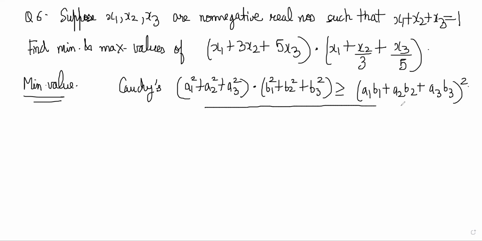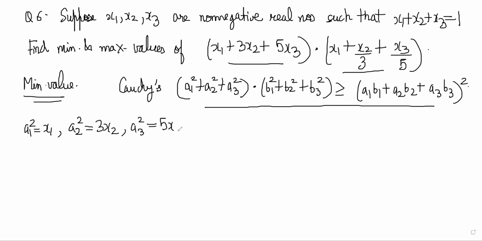This is Cauchy's inequality for three variables. Now what we will do is we will directly apply Cauchy's on this. How do we apply that? We will say a1 square is x1, a2 square is 3x2, a3 square is 5x3, b1 square is x1, b2 square is x2 by 3, and b3 square is equal to x3 by 5, right?